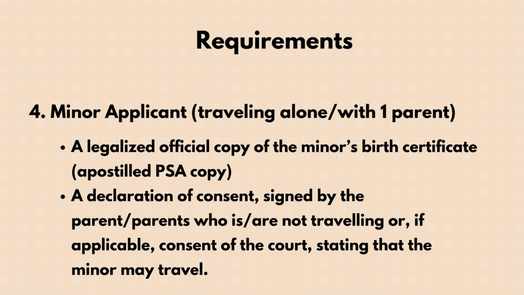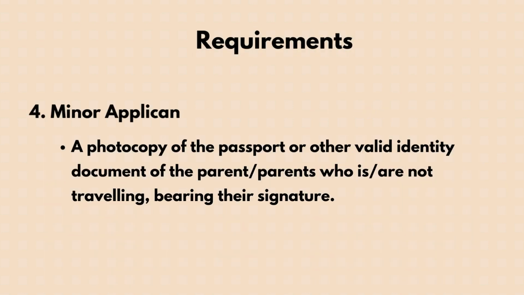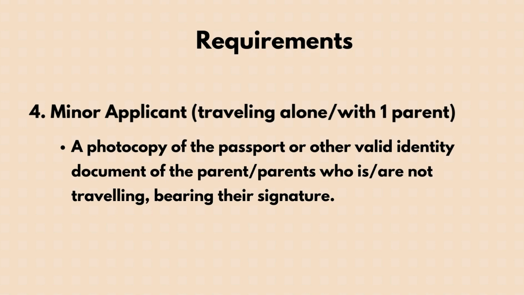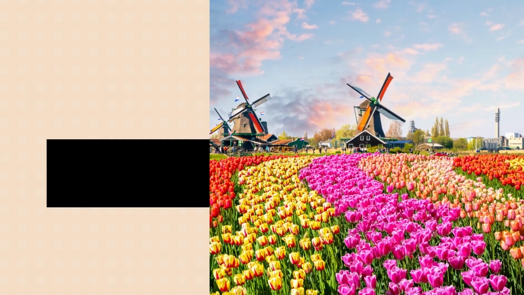Second, a declaration of consent signed by the other parent who will not be traveling with the child. It can also be a consent from the court stating that the minor may travel. With that, you must also provide a photocopy of the passport of the other parent who is not going to travel with the minor or your child. This does not fit our profile, okay?